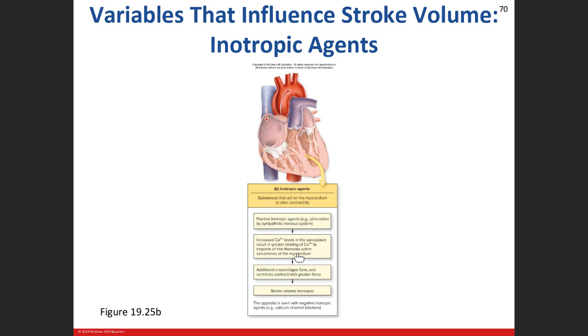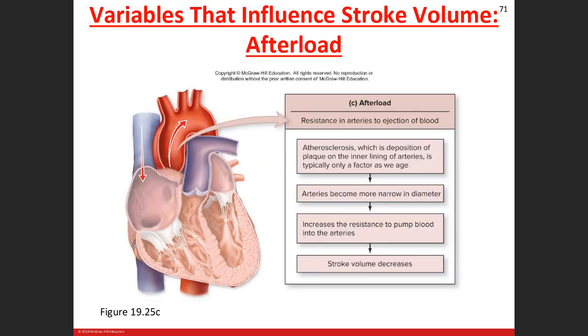And vice versa, parasympathetic stimulation is going to block the increase of calcium going into the cardiac tissue, and that will decrease the contractility of the heart. All that will have an effect on stroke volume. So positive inotropic agents will increase stroke volume. Negative inotropic agents will decrease the stroke volume.